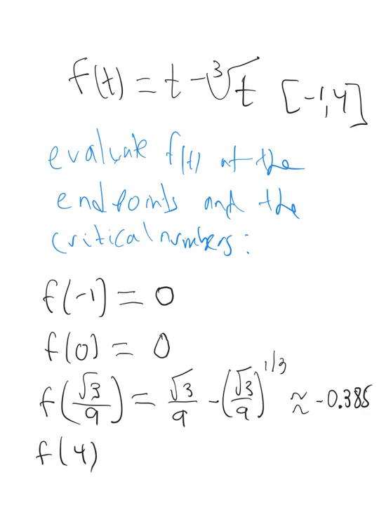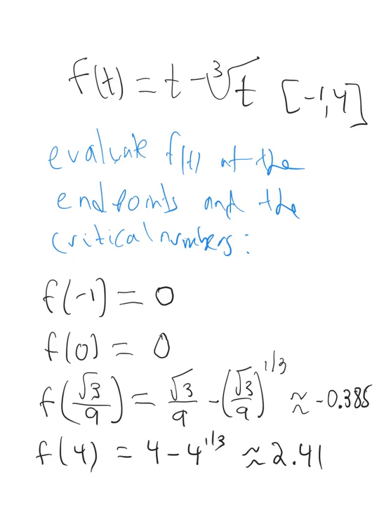So if I plug in the other endpoint, the right endpoint, t is equal to 4, f of 4 is 4 minus 4 to the 1/3, which ends up being about 2.41.